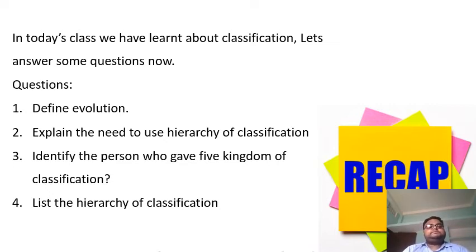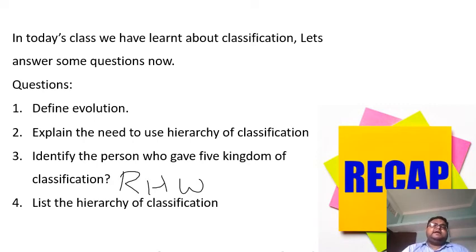Now, can you identify the person who gave the five kingdom classification? The name of that person was R. H. Whittaker. Right, students?